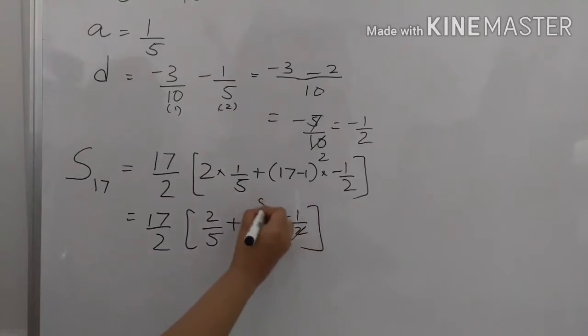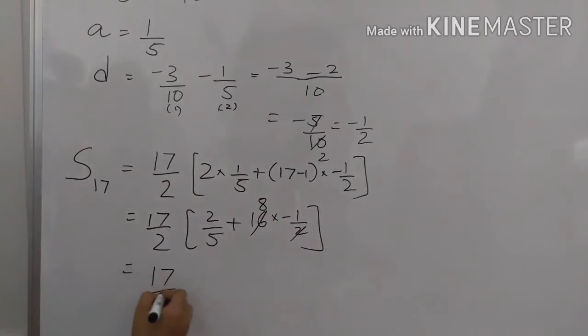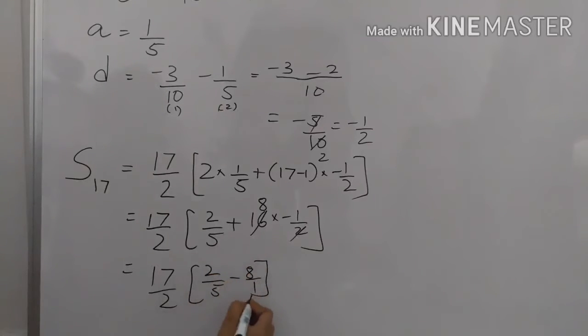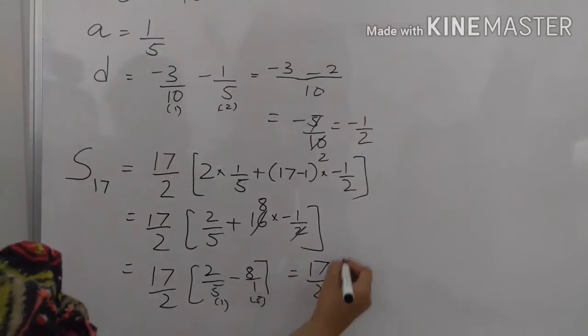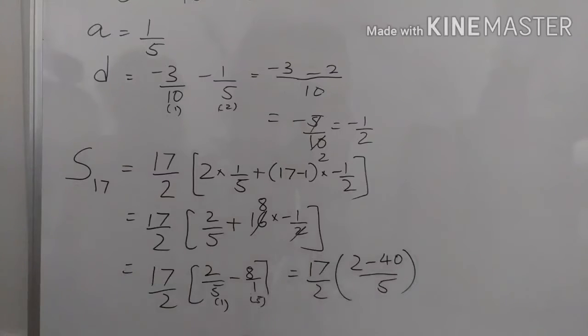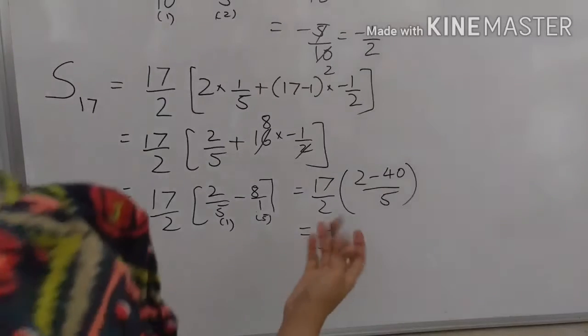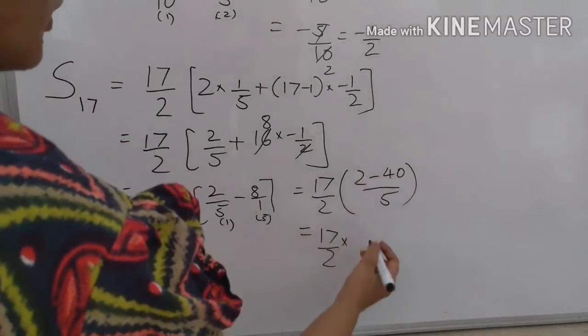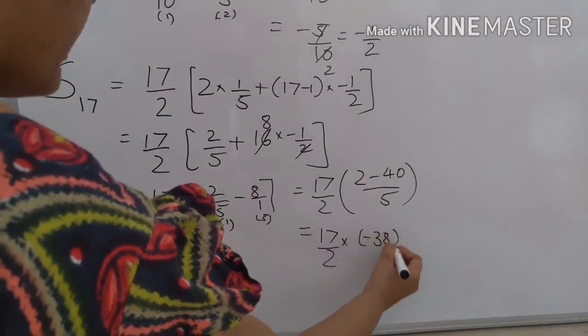So this is cancelled as 8. And then this is 17 by 2, 2 by 5 minus 8. Taking LCM in the bracket, we get 5 as LCM here. So I solve it as 17 by 2, then 2 minus 8 fives are 40, by 5. So here 17 by 2 into 2 minus 40, that is minus 38 by 5.